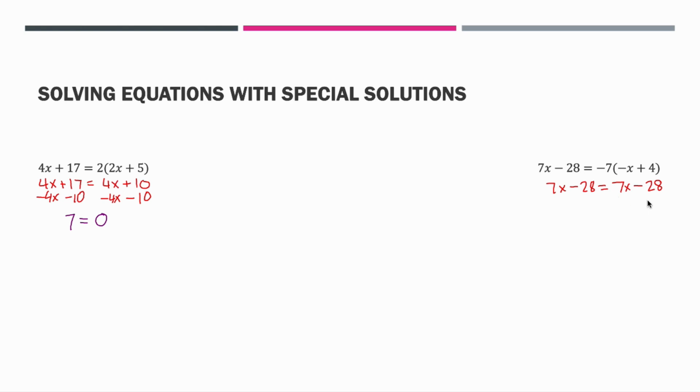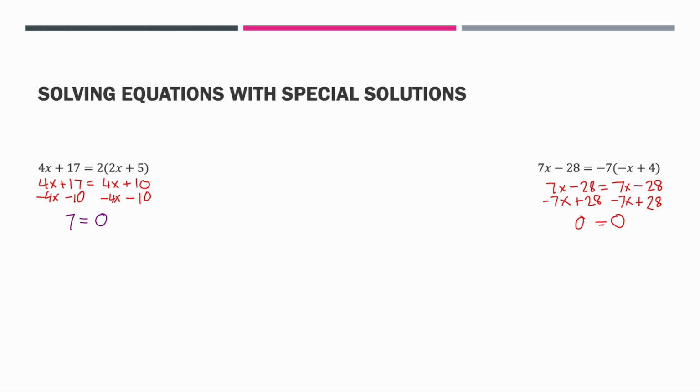Alright, let's add 28 to both sides and subtract 7x from both sides. And this gives us 0 = 0. This is always true.